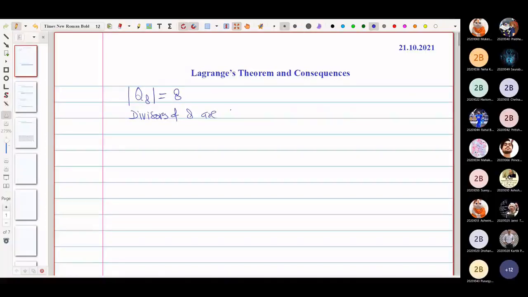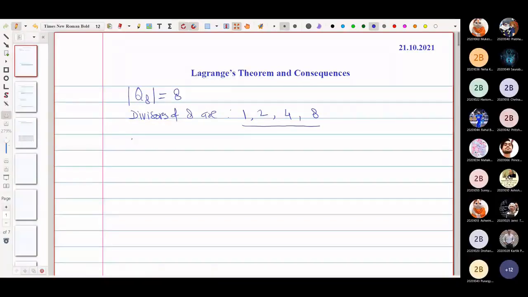The positive divisors of 8 are 1, 2, 4, and 8. So these are the possibilities for the order of subgroups that Q8 can have.